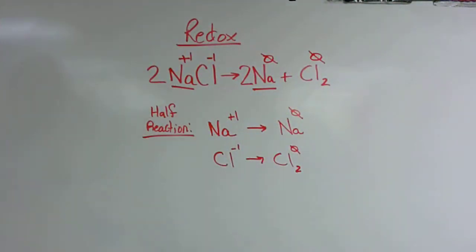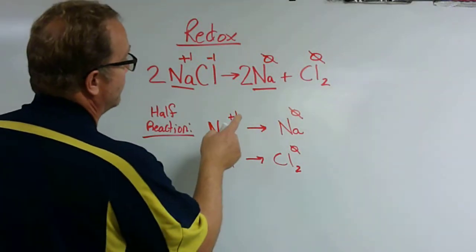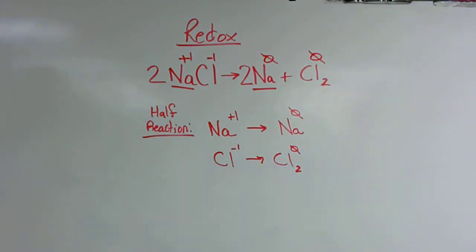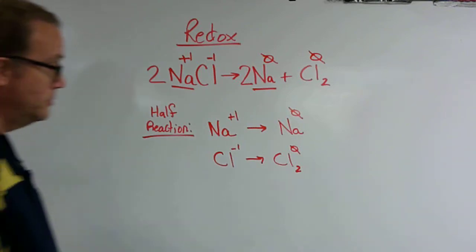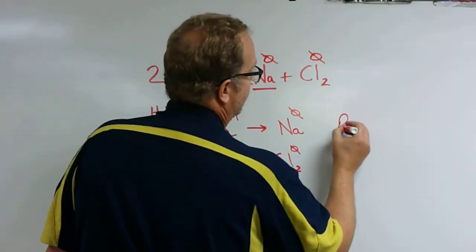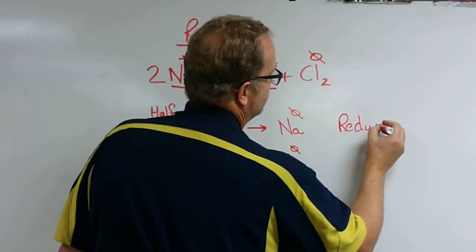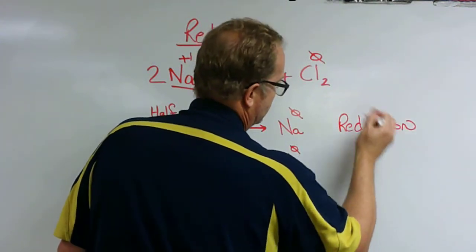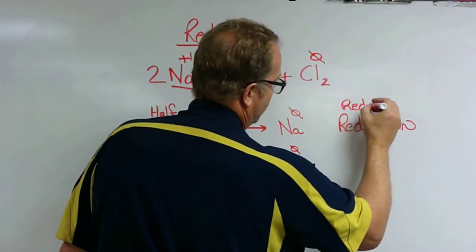So we have this one here. Now what you have to do is compare what you're doing from here to here. So you're going to look for the one that's actually the numbers getting smaller or being reduced. We call this reduced, which is also referred to as reduction.